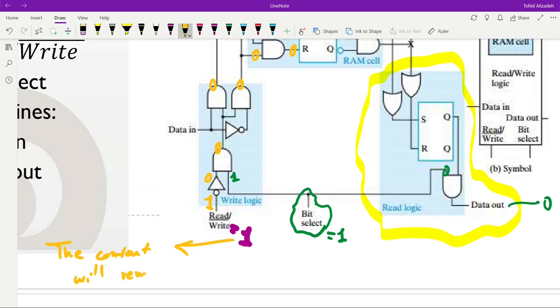It will remain the same, and that's what we want to have here. Because when we want to read, we don't want to modify the content of the memory.